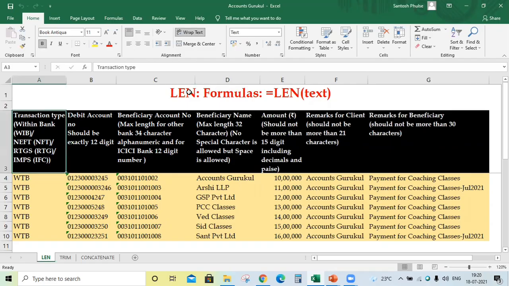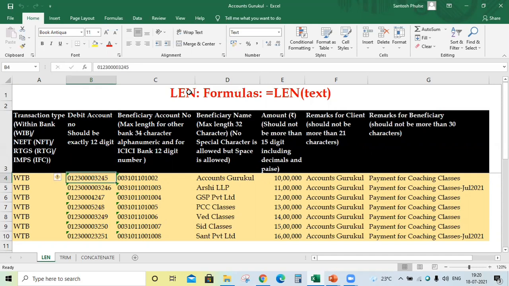You see here we have captured one bank uploader file, and this is just an example. In the bank uploader files, there are certain restrictions on length. The debit account number should be exactly 12 digits.